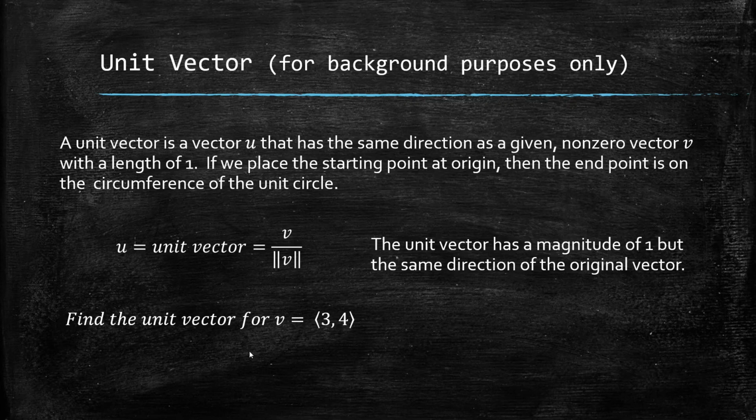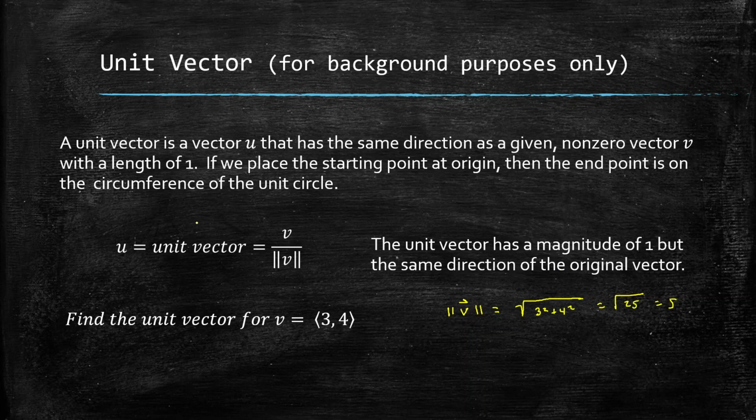So for example, if I was to find the unit vector for vector v with 3 and 4, the first thing I would need to do is find the magnitude of that vector. And the magnitude can be found, of course, with the equation x squared plus y squared, and then the square root of the whole thing. So again, I have 3, 4, so 3 squared plus 4 squared equals the square root of 25, which is 5.